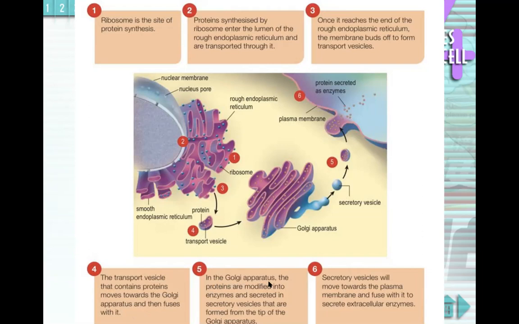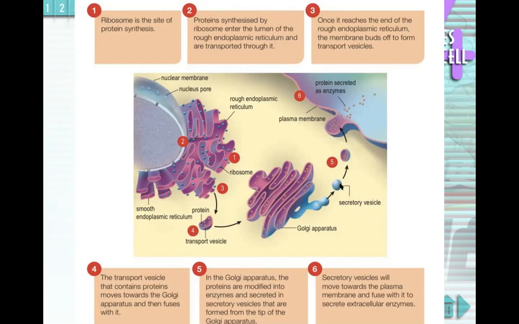In the Golgi apparatus, the protein is modified into the enzyme and secreted in the secretory vesicle that is formed at the tip of the Golgi apparatus. Once the enzyme is ready, the enzyme is packed in the secretory vesicle.